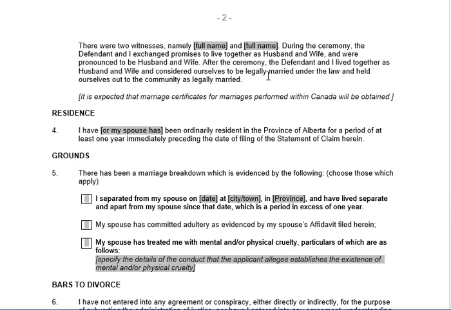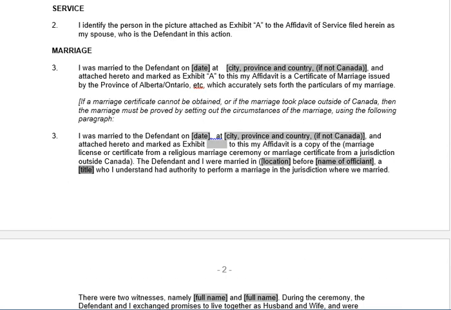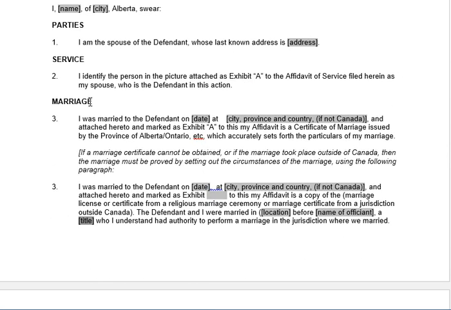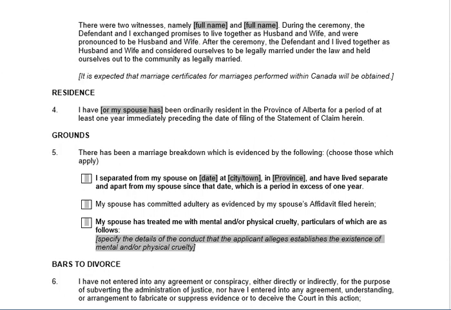Now, if you have the certificate of marriage and it was done outside of Canada, it has to be in English. If it's in a different language, it has to be translated. Okay, so you're only going to be choosing one of these 3 options, either this, if you were married in Canada, or this. Then you're going to delete the other option that doesn't apply to you.